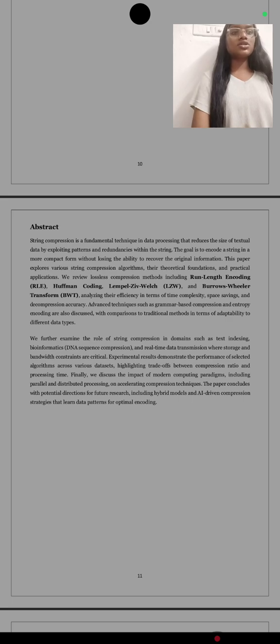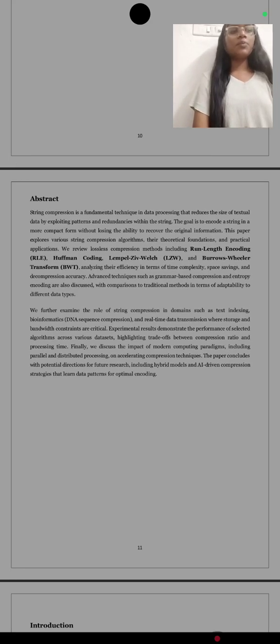Advanced techniques such as grammar-based compression and entropy encoding are also discussed and compared to traditional methods in terms of adaptability to different data types. We further examine the role of string compression in domains such as text indexing, bioinformatics, DNA sequence compression and real-time data transmission, where storage and bandwidth constraints are critical.